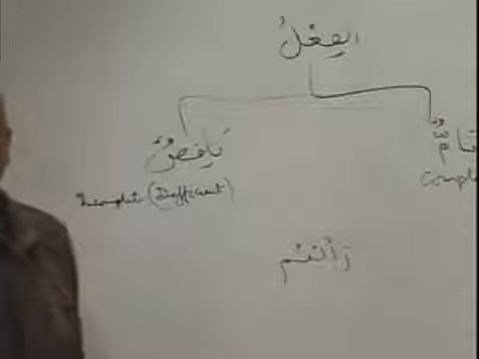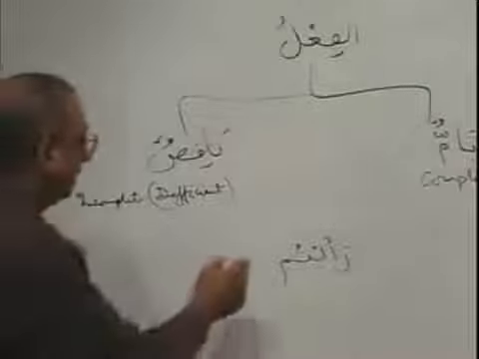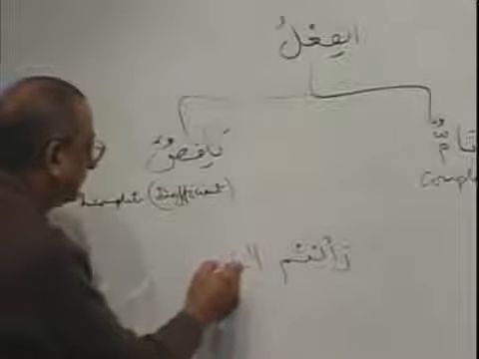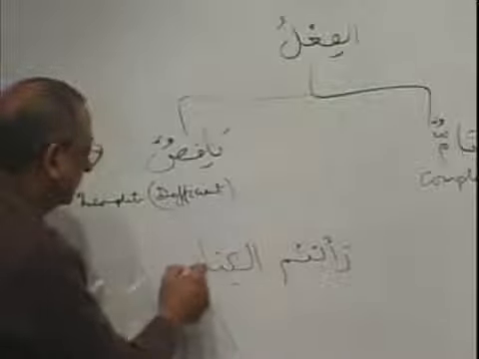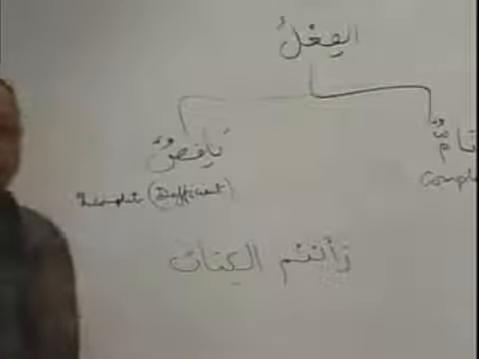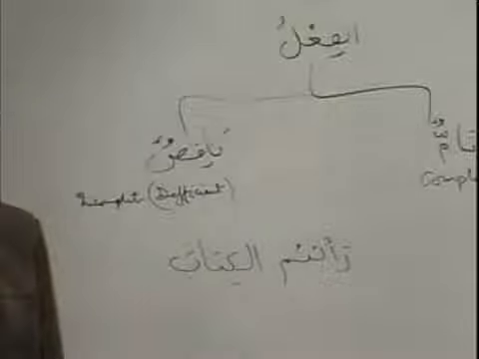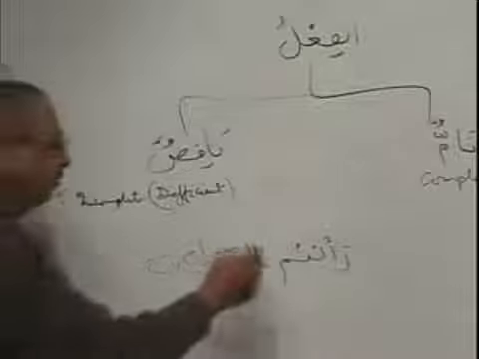Tum is the fa'il. If I say, Ara'aytum al-kitaba, what is the translation? Did you see the book? So, here there is a sukoon, brother.